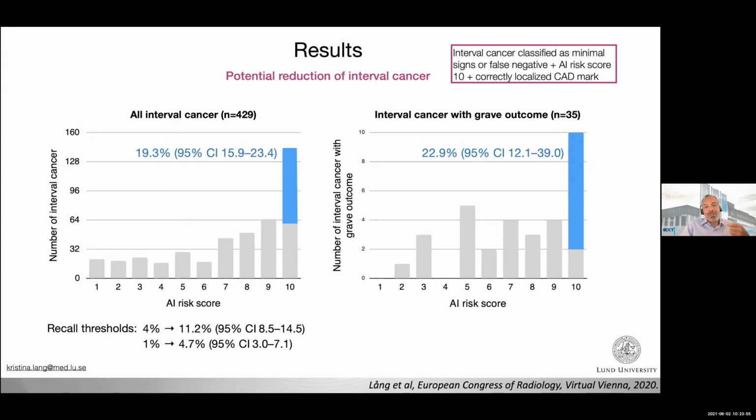This is a simulation study, of course, so they don't actually know what the reader would have done, but if the cancer was minimally or not at all visible to a reader, but the AI pointed it out with the highest risk score, and of course the AI found the right place, then about 20% of all interval cancers could have been pointed out by the AI, without increasing the recall to a crazy number.